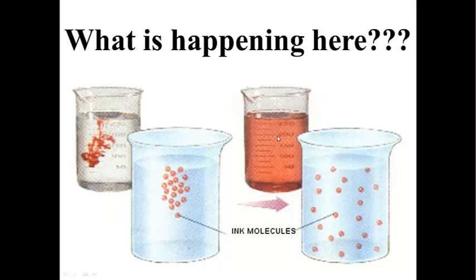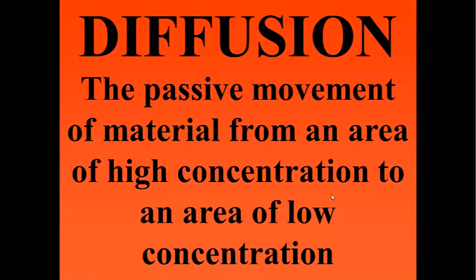Eventually, over time, it evens out. So molecules are traveling from an area of high concentration to areas of low concentration, making it an even mixture. Diffusion is passive movement of molecules from an area of high concentration to low. So molecules that are spreading out from areas where there's too much of them to areas where there's less is diffusion.